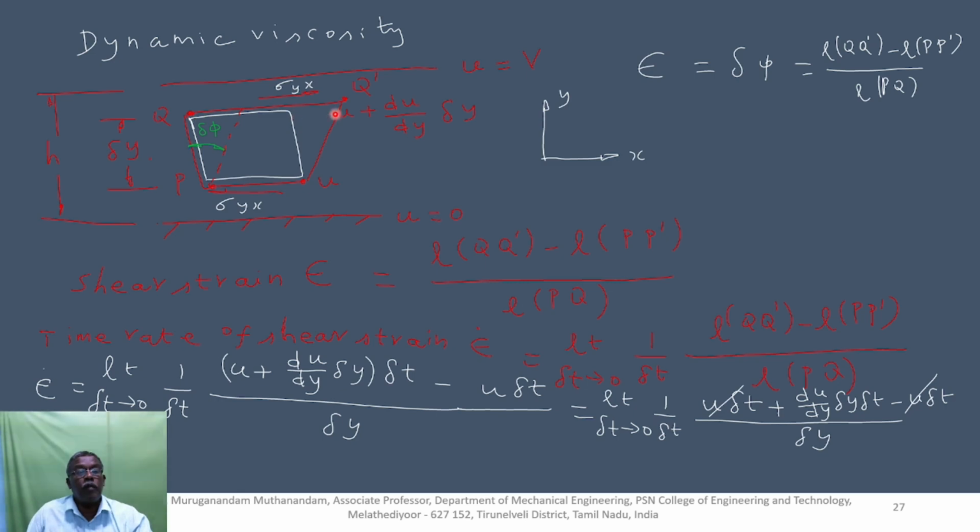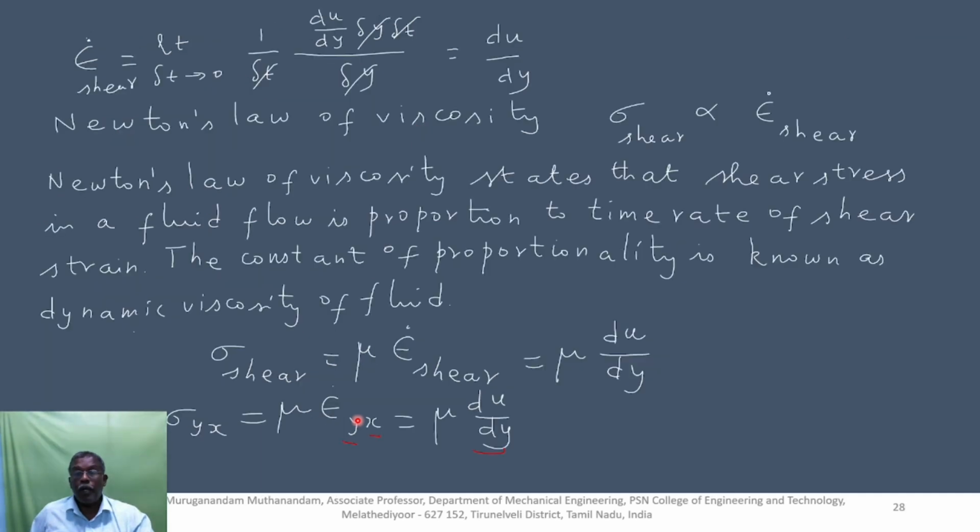This is the velocity multiplied by the time, which gives the distance travelled by the point Q. This is the distance travelled by the point P. The difference between the two distances divided by the vertical distance between the two points, delta y. When delta t tends to 0, it becomes equal to du by dy.